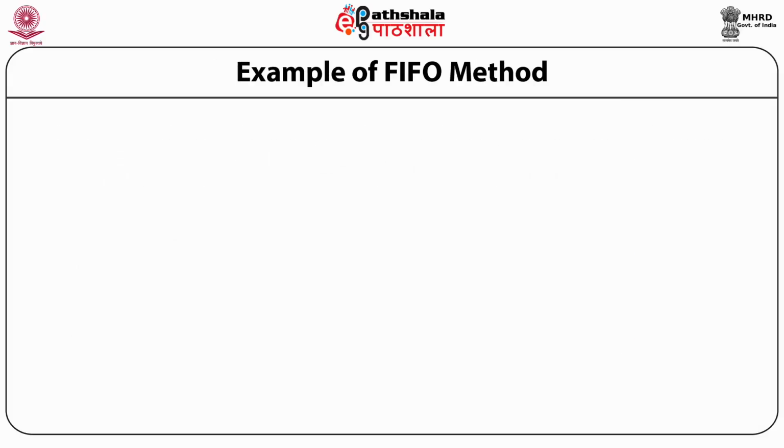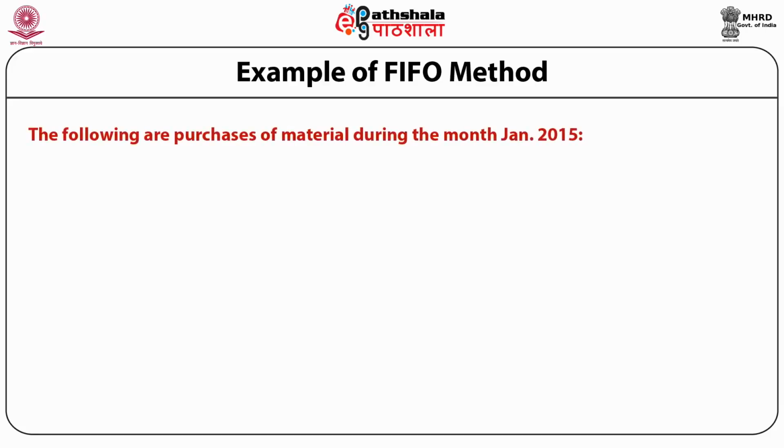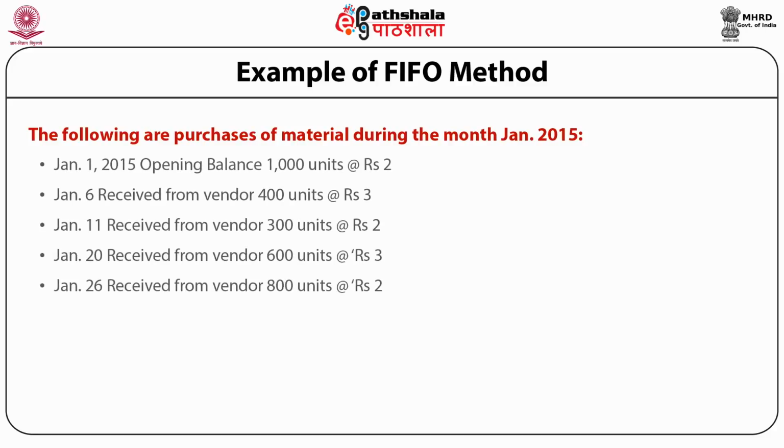The FIFO method can be clarified with the help of an example, with the purchases of material during the month of January. On 1st January, the opening balance of material was 1000 units at the rate of 2. On 6th January it received from the vendor 400 units at the rate of 3. On January 11, it received from the vendor 300 units at the rate of 2.